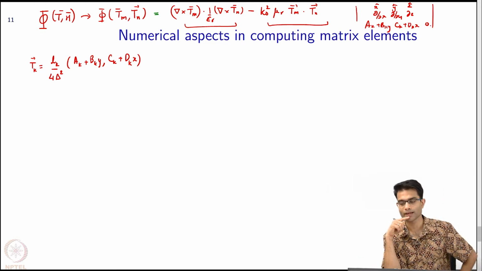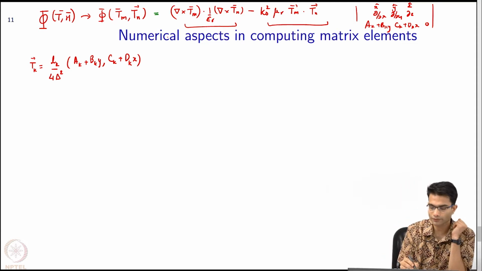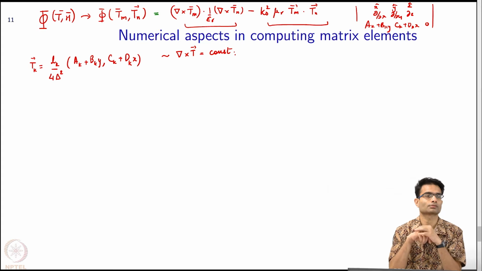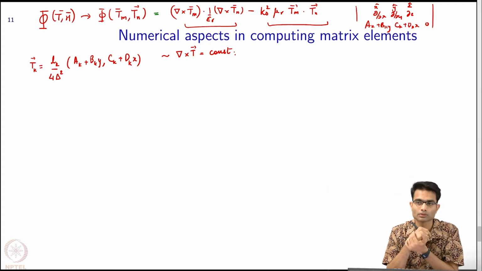So, d by dx of C k plus D k x, what is that? D k, a constant, minus d by dy of A k plus B k y, which is B k. But basically curl of T is constant. It is not a function of x and y, good, so it is easy to integrate.